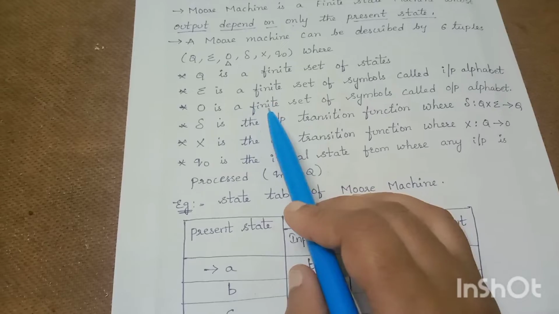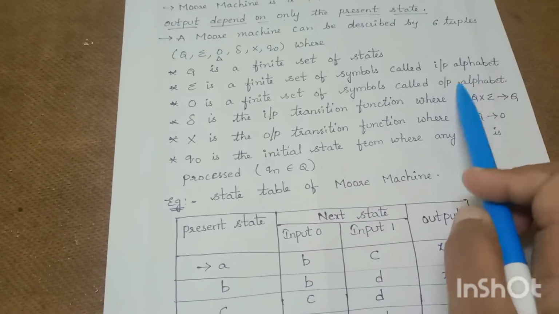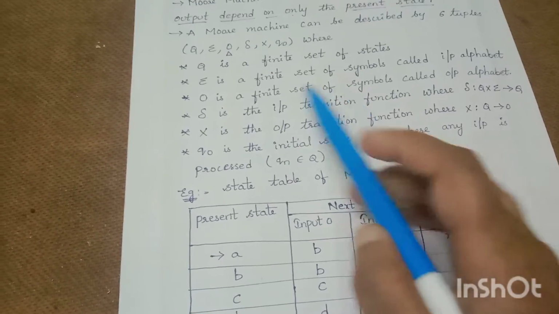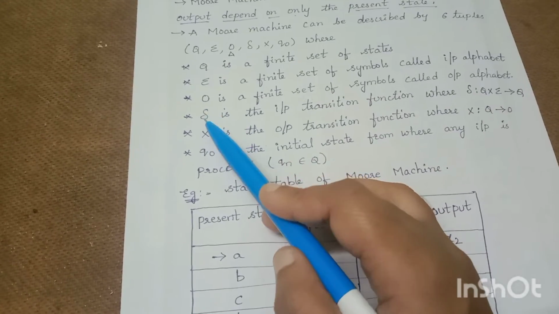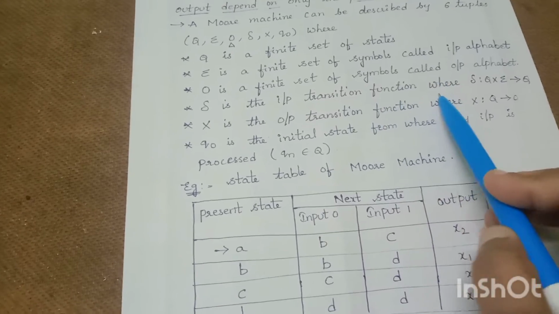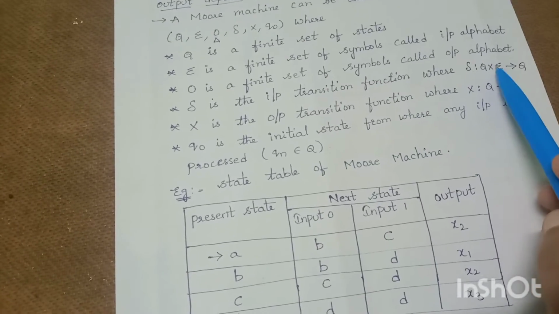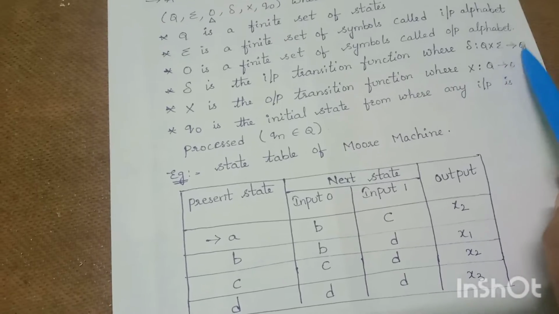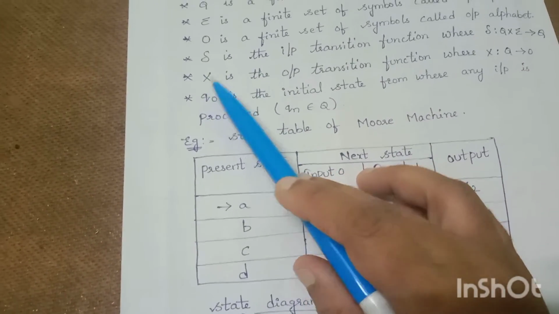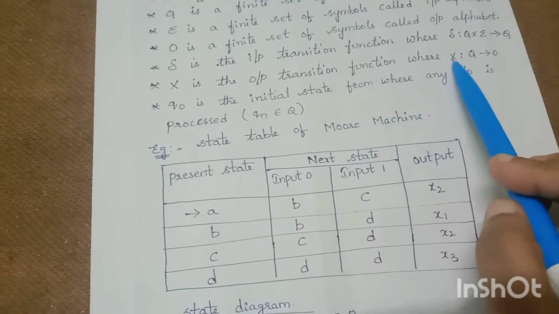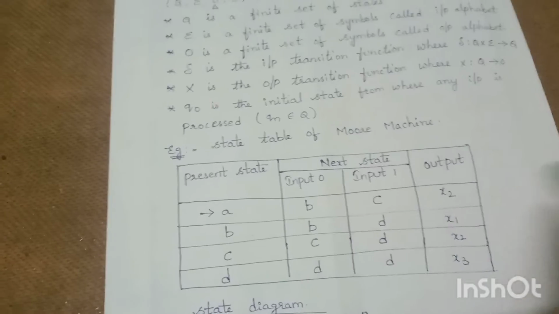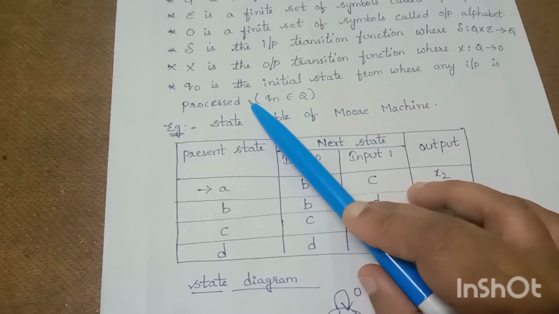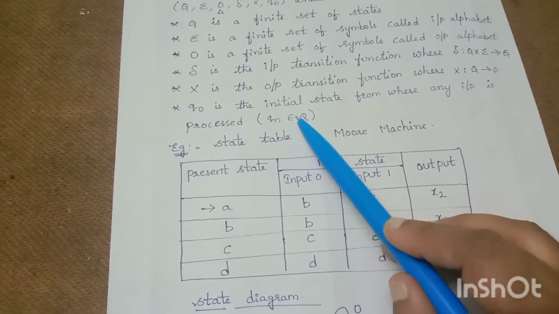Delta indicates the finite set of symbols called the output alphabet, whereas sigma is the input transition function, which maps Q times sigma to Q. Lambda is the output transition function, which maps Q to O, and q naught is the initial state from where any input is processed, so q naught belongs to Q.